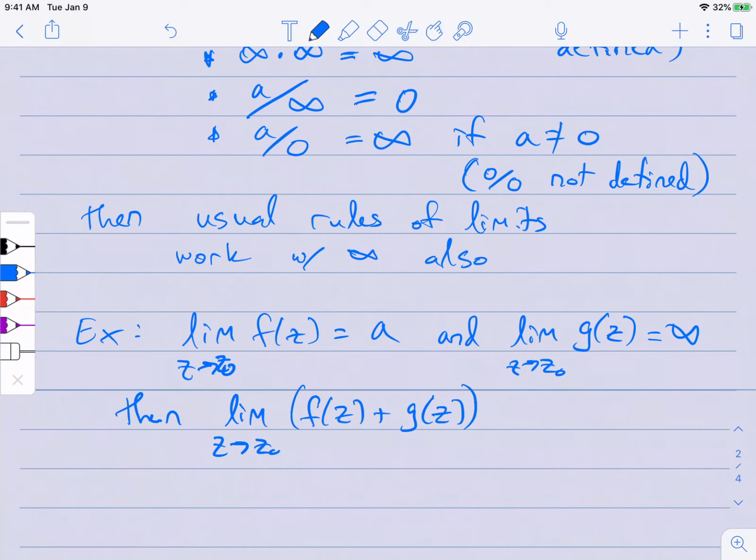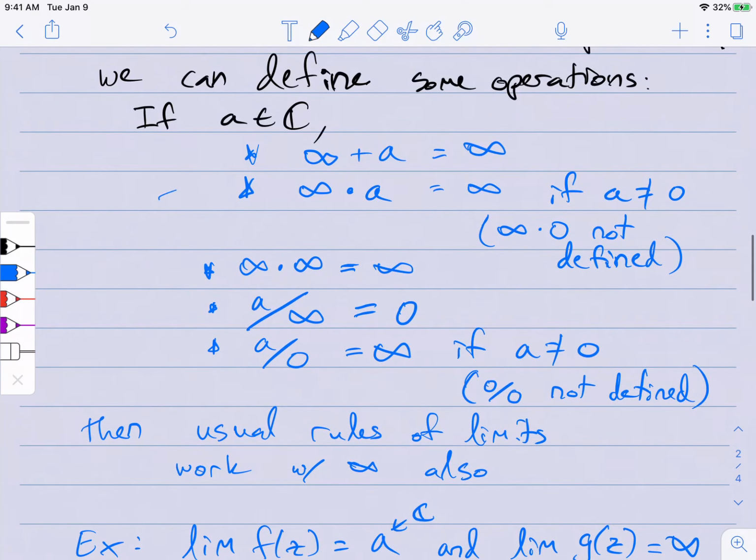as z goes to z naught, if a is a complex number, this is going to be equal to the sum of the limits. Well, you can prove this yourself that this equals infinity. And then we say that that's equal to the sum of the limits because we defined a plus infinity to be infinity right here.